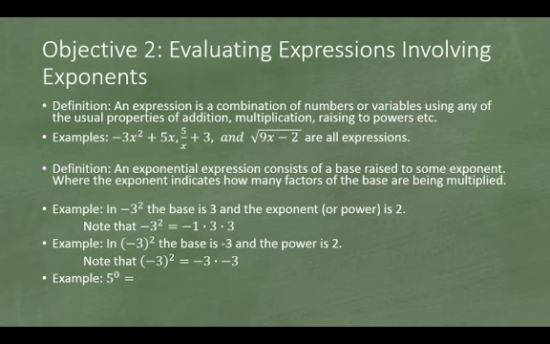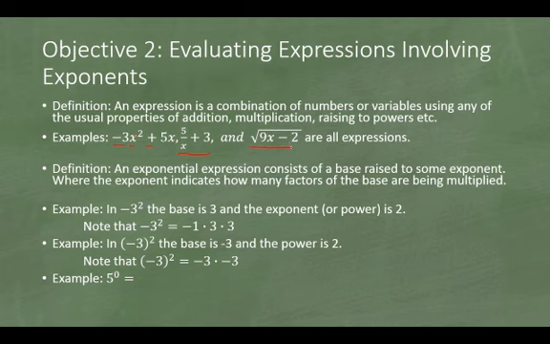Objective 2, evaluating expressions involving exponents. Definition. An expression is just a combination of numbers or variables using any of the usual properties of addition, multiplication, raising of powers, etc. So it's just a combination of any number like negative 3 and variables like x raised to some power, using multiplication, using addition, etc. So here this is an expression. 5 over x plus 3 is an expression because we're taking a number, dividing it by a variable, adding 3 to it.